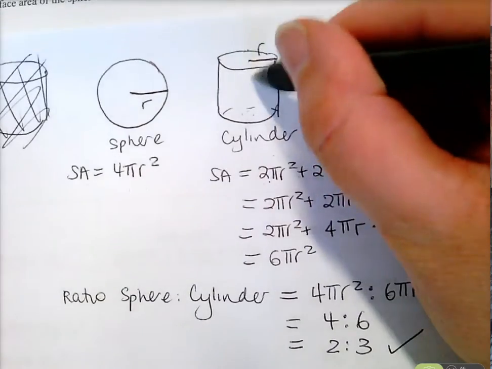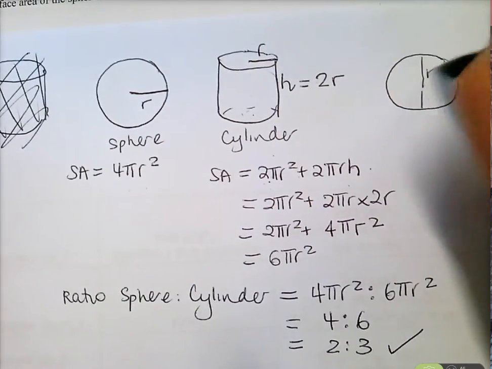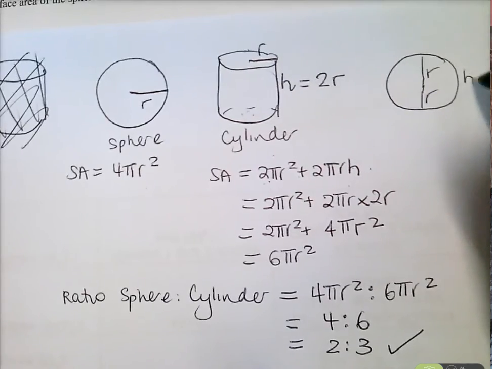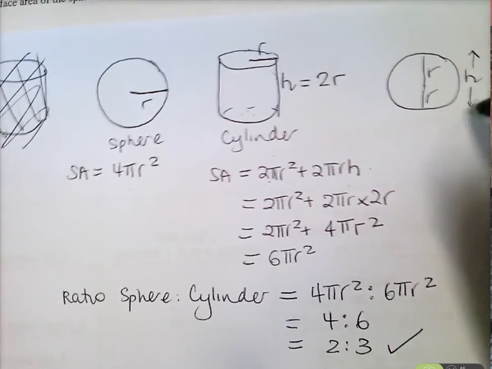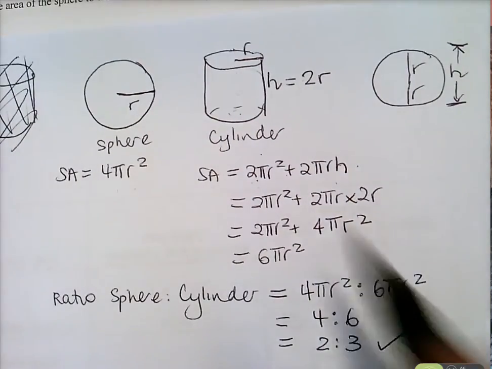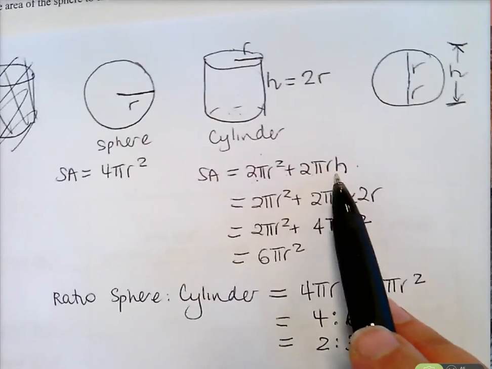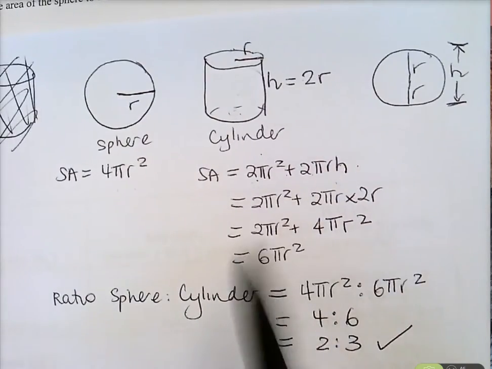The trick here was to know that the R and the R made the H. And if you couldn't get that, then you'd be stuck. Do you understand? Because you can't compare this side with that side while that H is there. You needed to make this all into one thing.